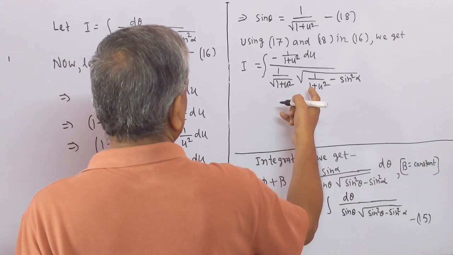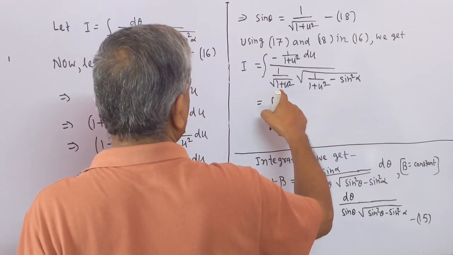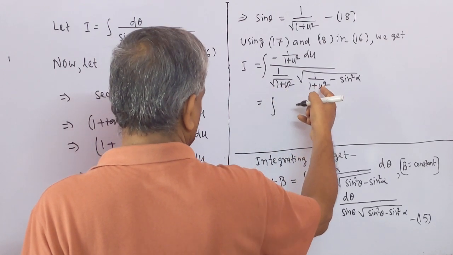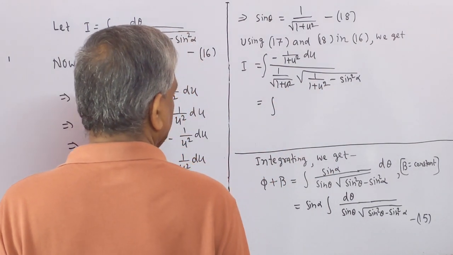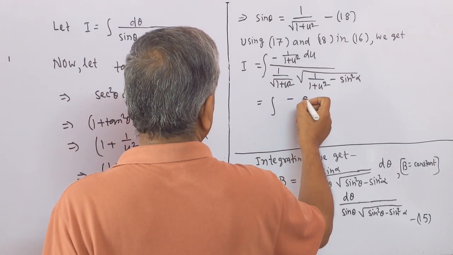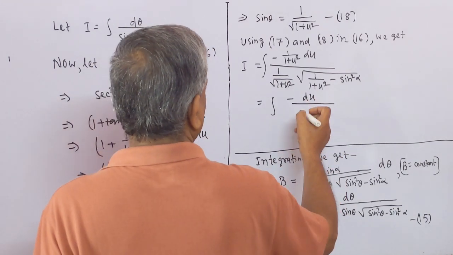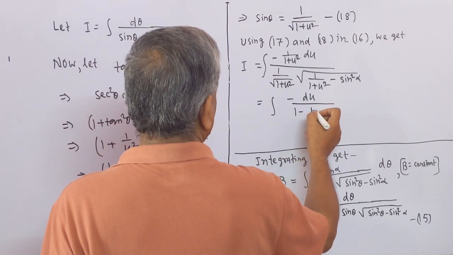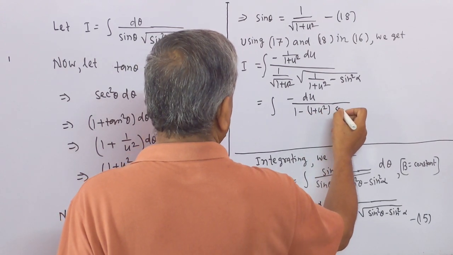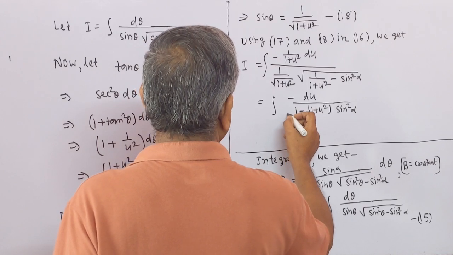This will be equal to the integration, where we take square root of 1 plus u square outside, and remains minus du by square root of 1 minus 1 plus u square sin square alpha.